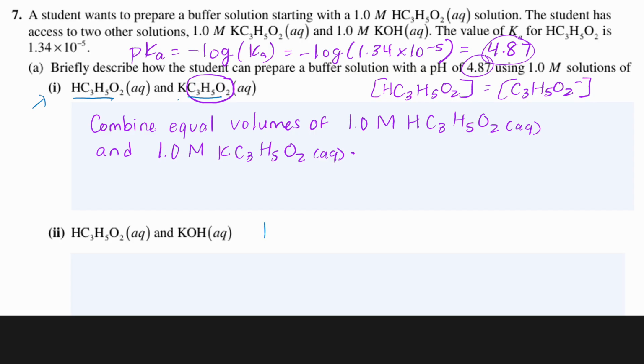So we have HC3H5O2 plus KOH. We know we're going to form water and potassium propanoate.